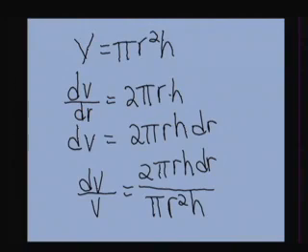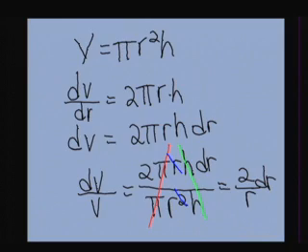So we can cancel some things out here. We can cancel out the h's. We can cancel out the pi's. And then notice that this r can take out one of the r's in the denominator. So our answer will be 2 over r dr.